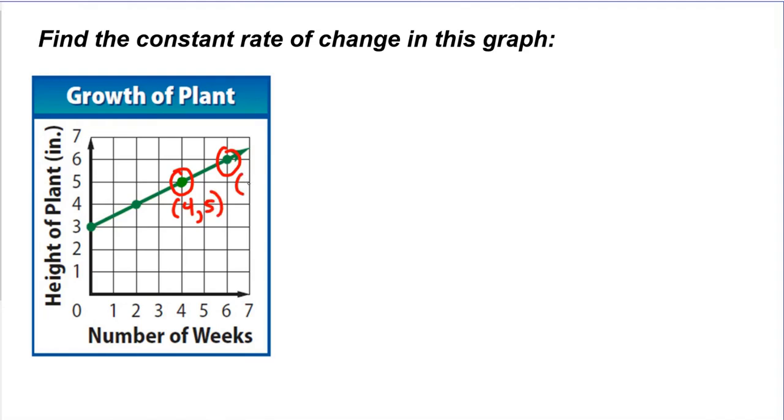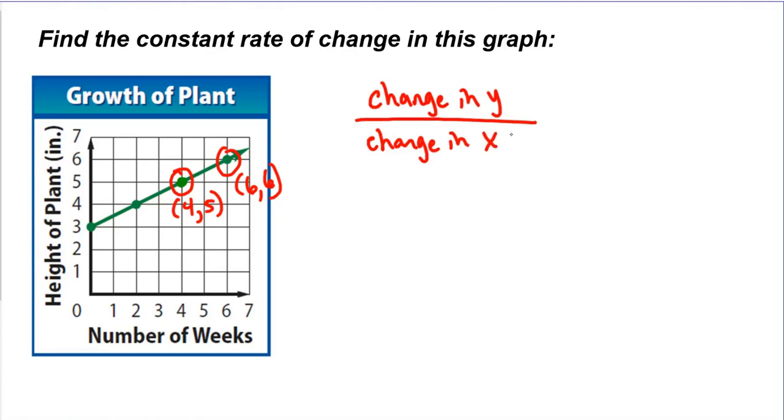And this point is 6 weeks, 6 inches. So to find my rate of change, I'm going to find the change in the y values and write that as a ratio to the change in the x values. So how much did my y values change from one to the other?